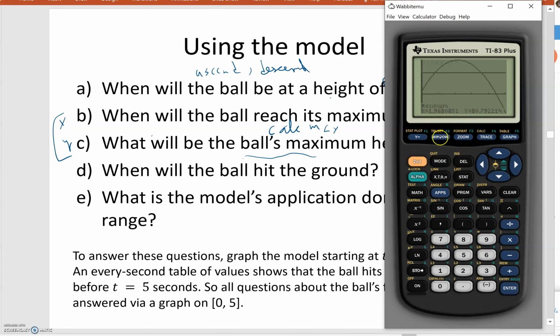I think I need to go bigger. See, I just gave myself a little bit more headroom there so I could actually see. Also, I'm going to delete this 50 because that's confusing me. Now I can actually see the maximum and calculate it.